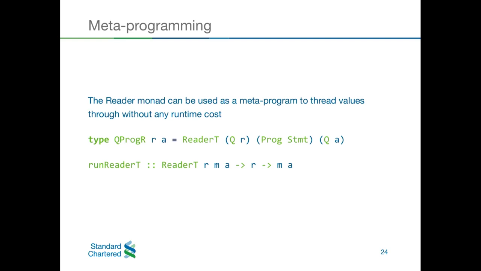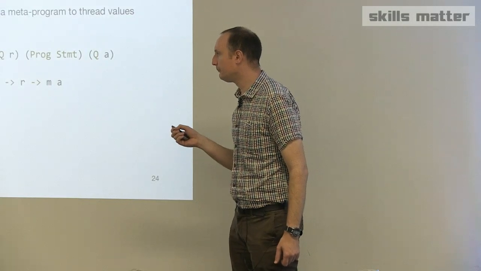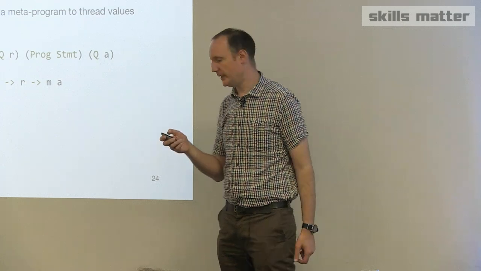And the nice thing about both the lenses and the reader in this case is that they had no runtime cost to Q, because these things are very cheap in Haskell because the optimizer is so good. But when you compile to a target like Q, these abstractions, as the F# and Scala people sometimes find, can have a much bigger cost, and they would definitely have a huge cost if they were represented at runtime in Q.